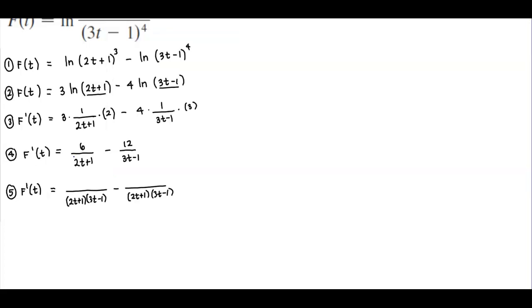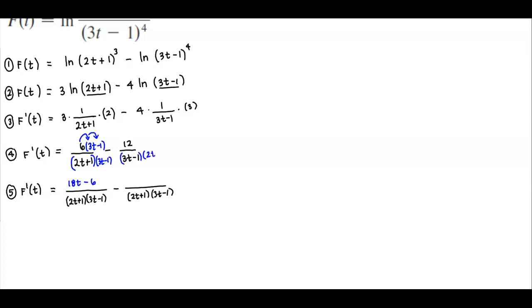And we're going to multiply. So what's missing from that denominator for the first term is 3t minus 1. So we're going to multiply 6 times 3t minus 1. Let's go ahead and distribute that. So we get 18t minus 6. And then what do we need to multiply the second term by?